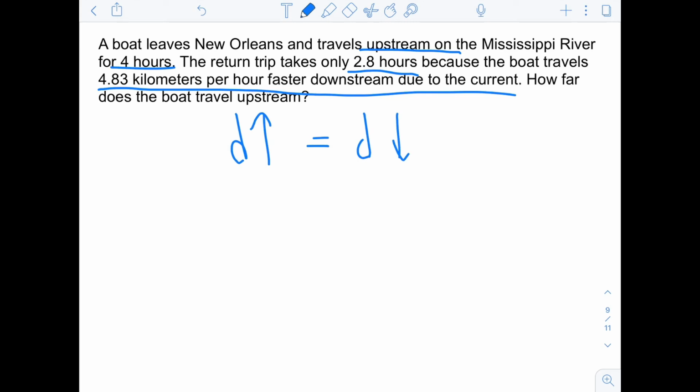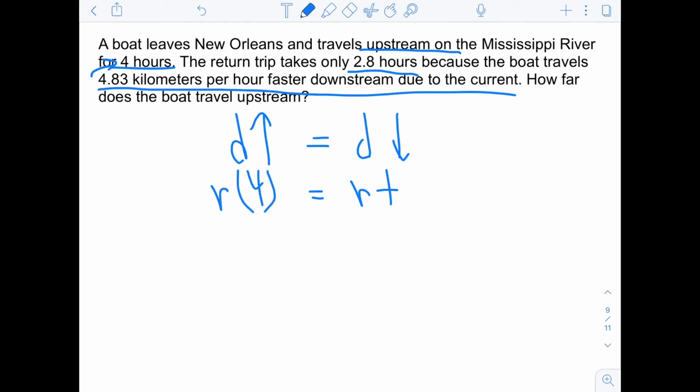What we know about distance is that using the distance formula, distance equals rate times time. So instead of d, we're going to substitute rate times time upstream equals the rate times time downstream. We don't know the rate upstream, but we do know the time. It was 4 hours. So instead of t, we're going to substitute 4.